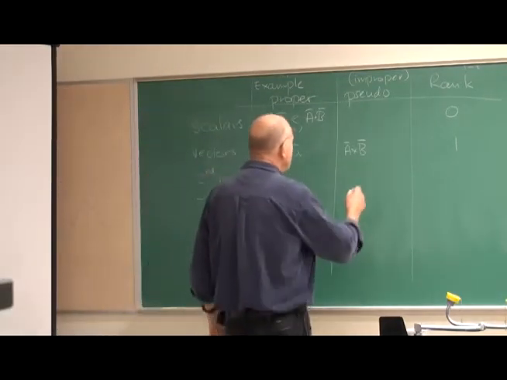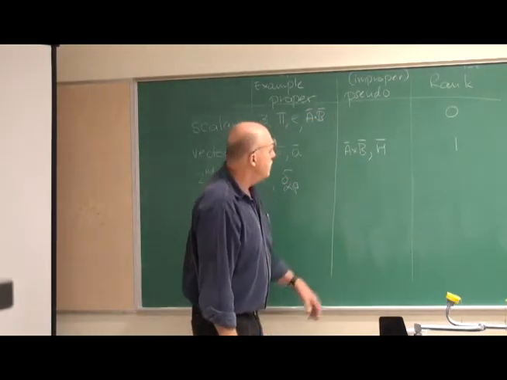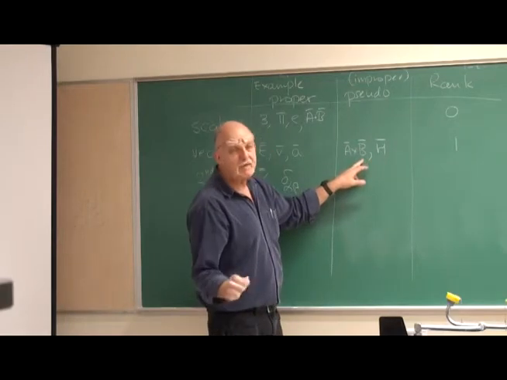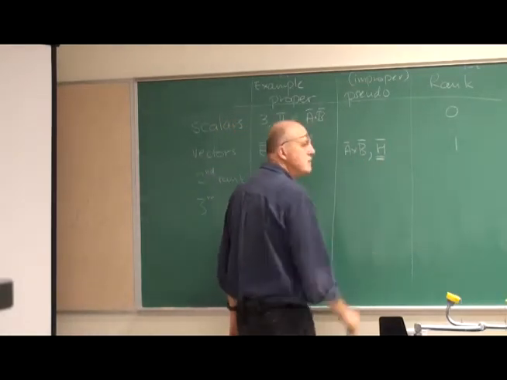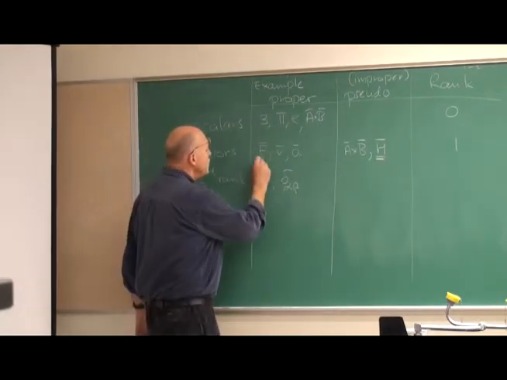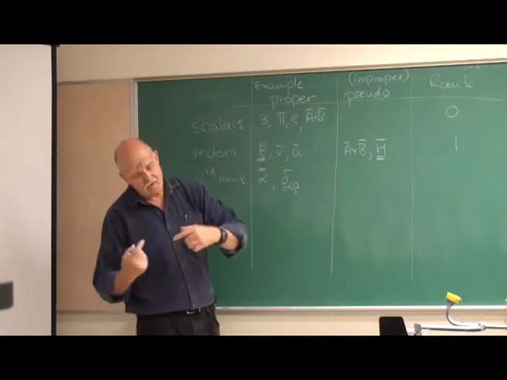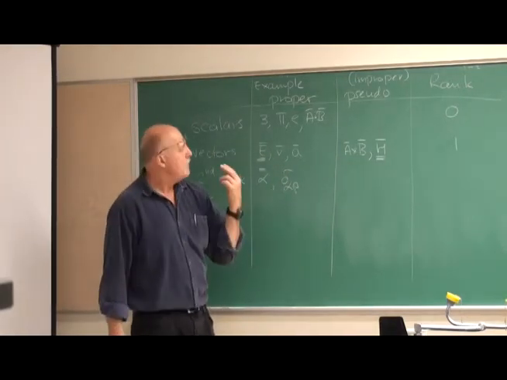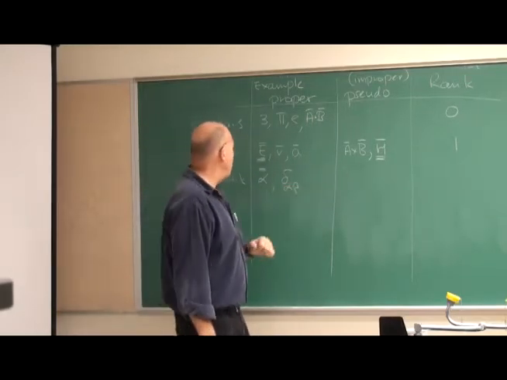So it turns out that an H field and a B field, okay, well, this B is not a B field, this is just a vector, right? But the H field is a pseudo vector, and the B field is a pseudo vector. So E is proper, but H, because by fundamental definition it is a cross product of two proper vectors, is a pseudo vector.